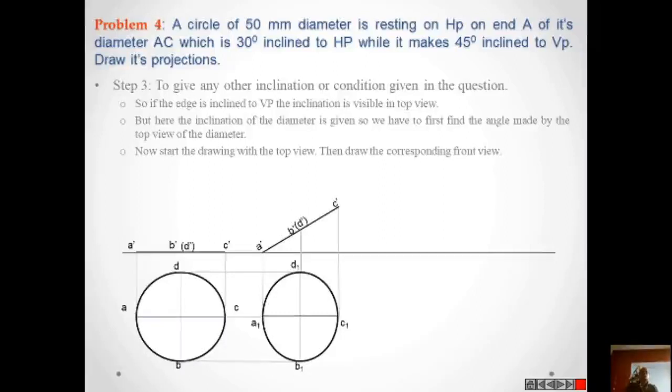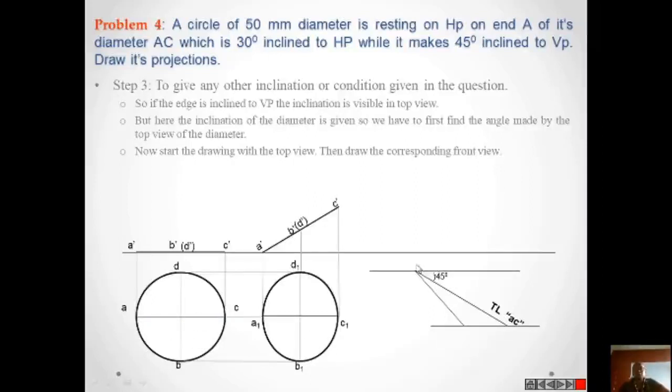So if you remember the concepts of projection of lines, then we can draw this question. So first step, you draw a line. What is this line? AC. AC line we are drawing at an angle of 45 degrees. So what is this 45 degree line? It is AC.